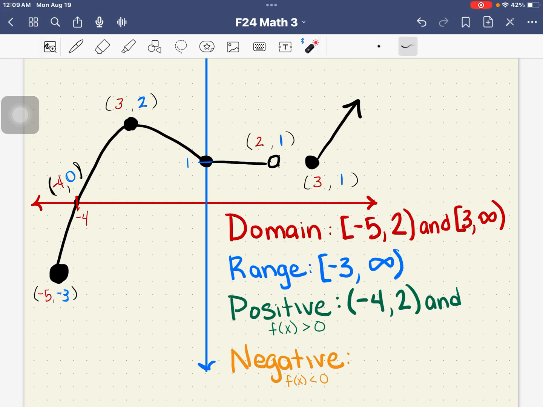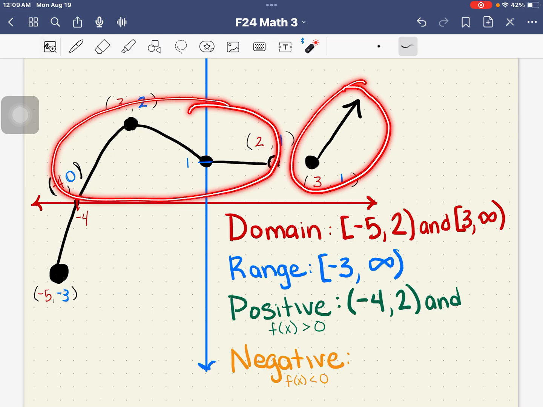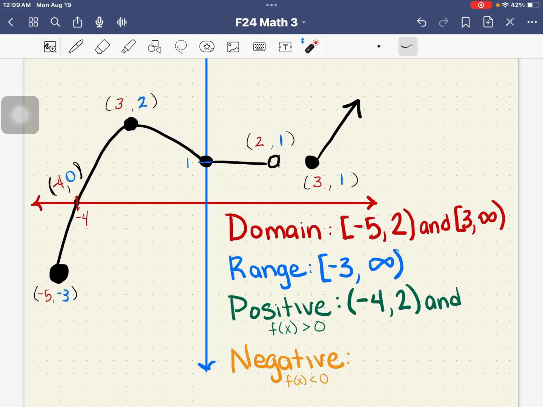So we have described this first piece. Now we need to describe the second piece. The second piece picks up right here at 3. We have an arrow. It's going to keep going. So we're going to pick up at 3. It is a closed circle there. So bracket 3 and infinity, because it keeps going.